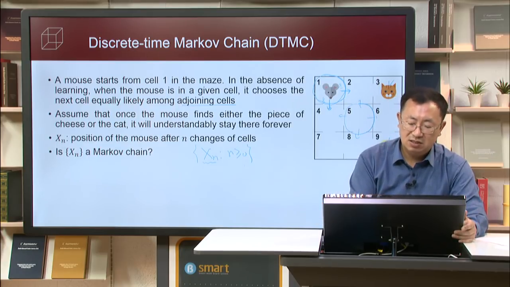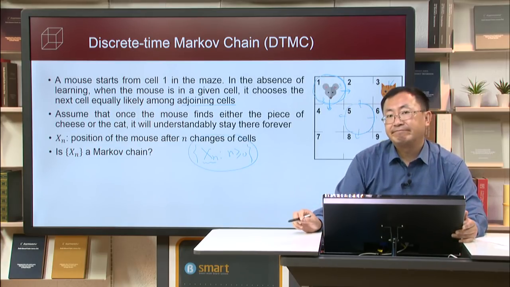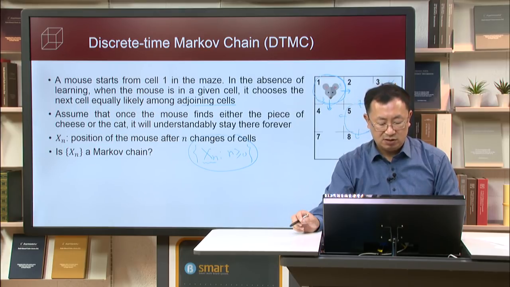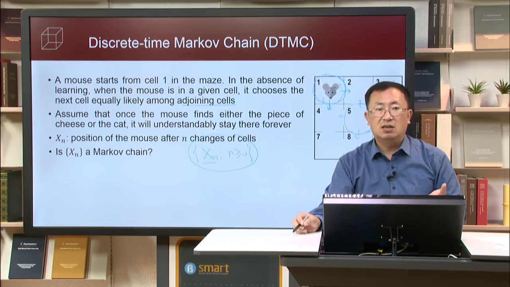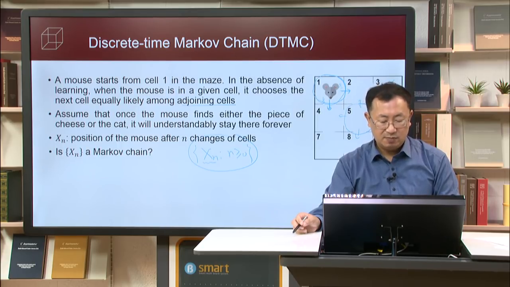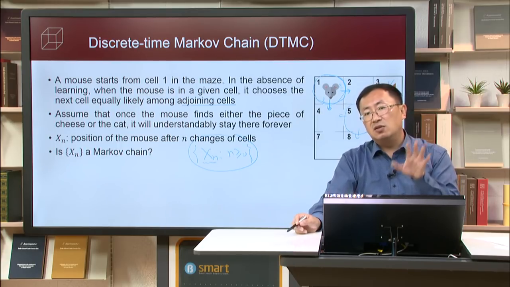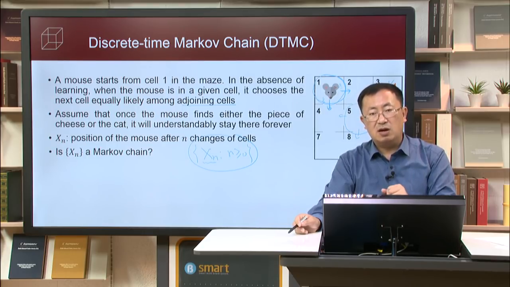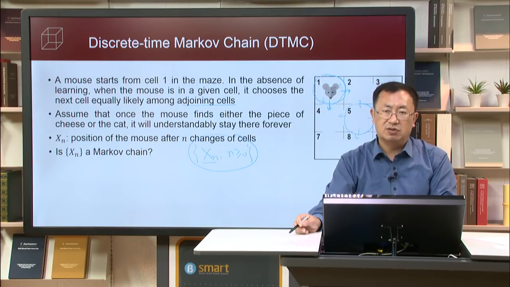The question is, is this a Markov chain? In order to understand whether that is a Markov chain or not, you first need to specify the state space, and then see, by using the state space, whether you can express this Markov chain by using the one-step transition probability matrix, right?